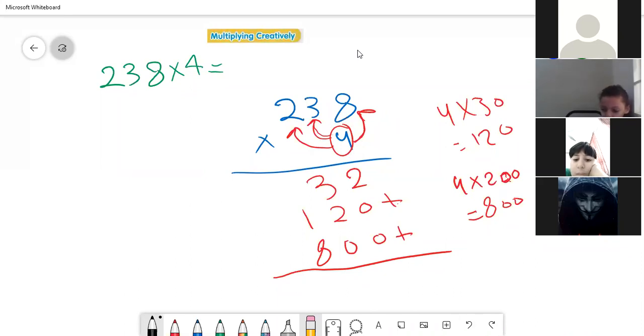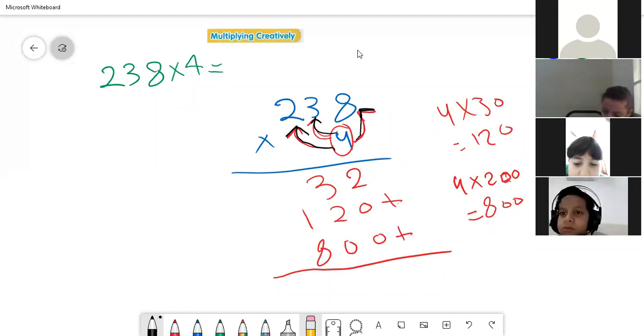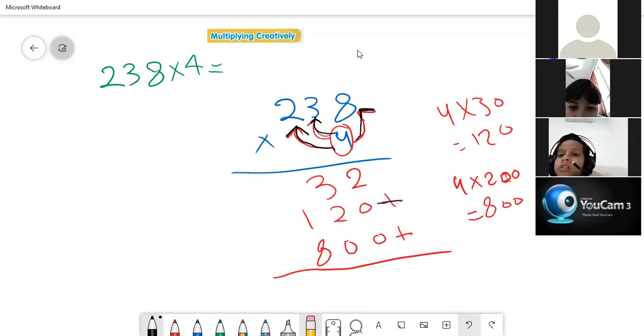Then you are going to multiply 4 by 8, 4 by 3, 4 by the 2. 4 times 8 is 32. And then you add. Okay, then you multiply 4 times 3, which is 12. But we have to put the 0 here.